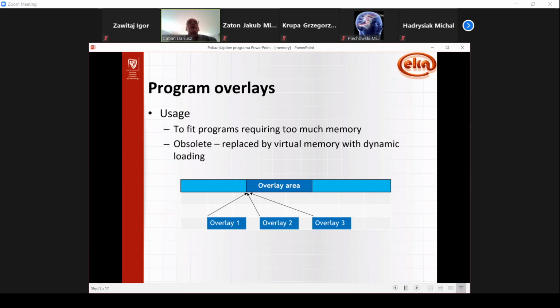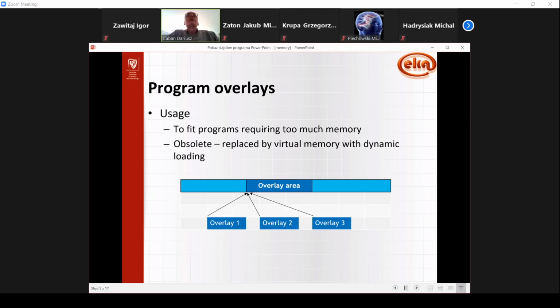So what is the purpose of that? Of course, memory is always an expensive resource. You know that from phones, from PCs, from laptops, that depending on the amount of memory that you have, you will pay quite a lot higher prices for devices with more memory. On the other hand, each program requires a certain amount of memory.